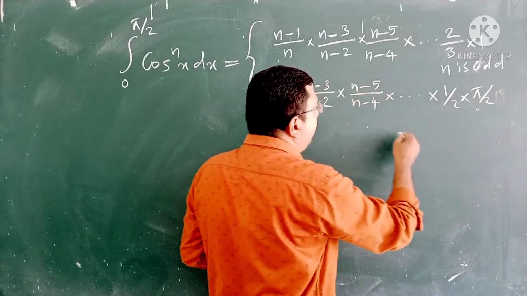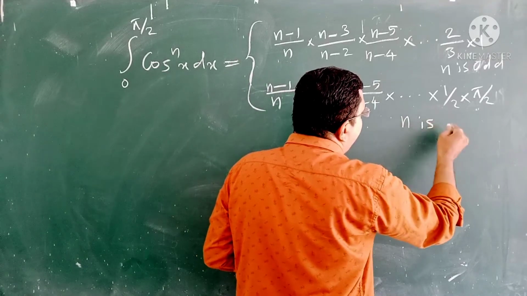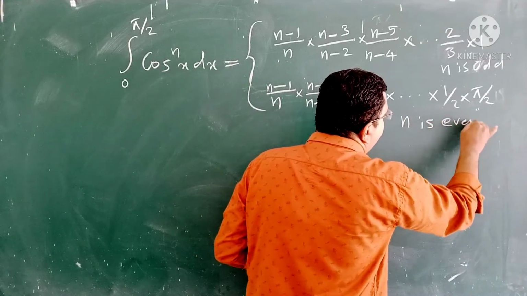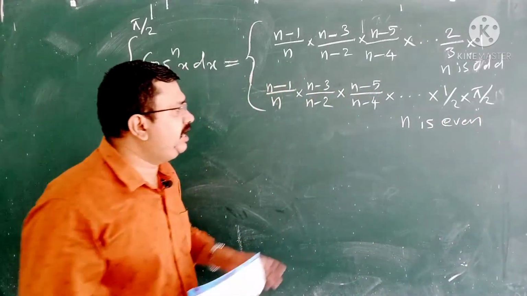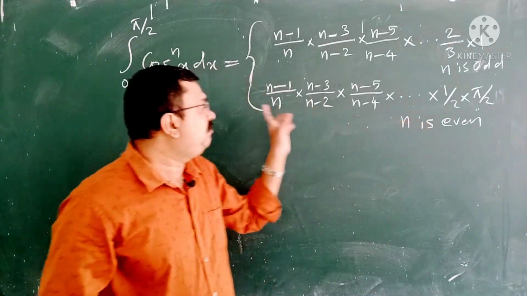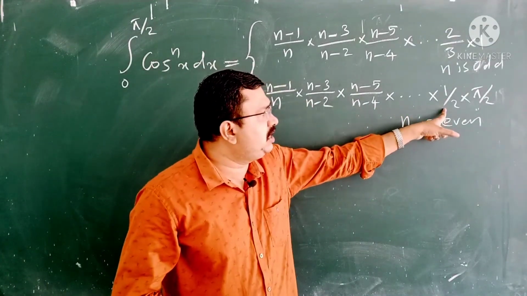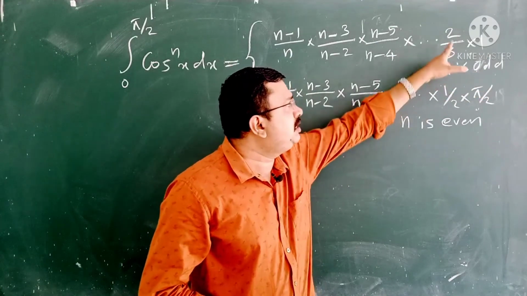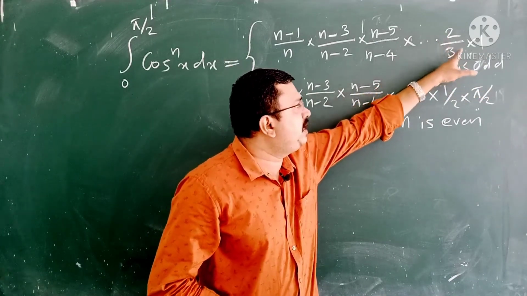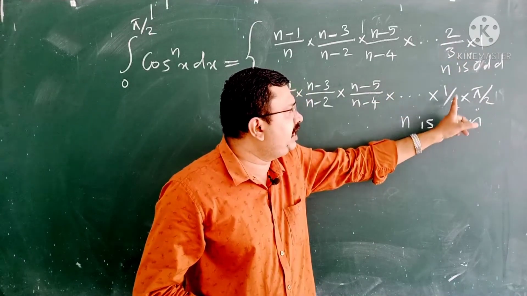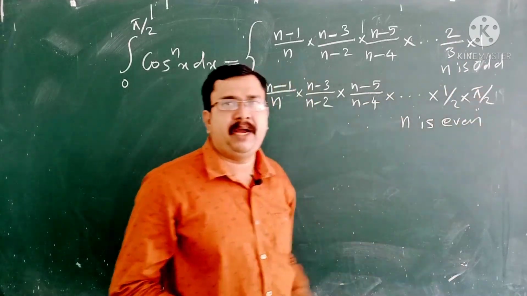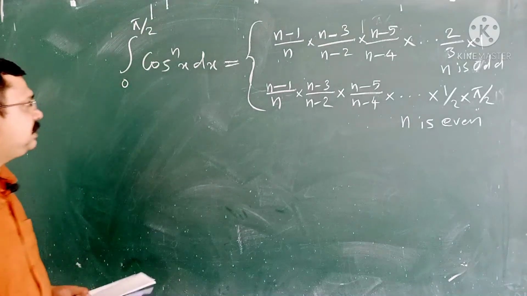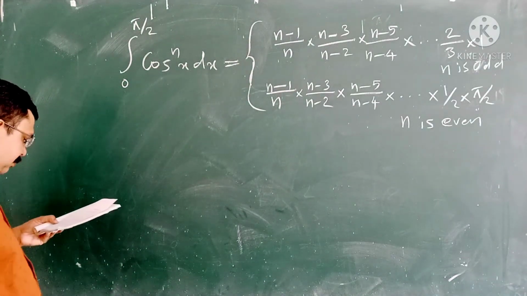This is when n is even. The second condition is when n is even, we get an equation like this. And the first condition is when n is odd, the final term is 2 by 3 into 1. Here the final term is 1 by 2 into pi by 2. Next we can do a problem.